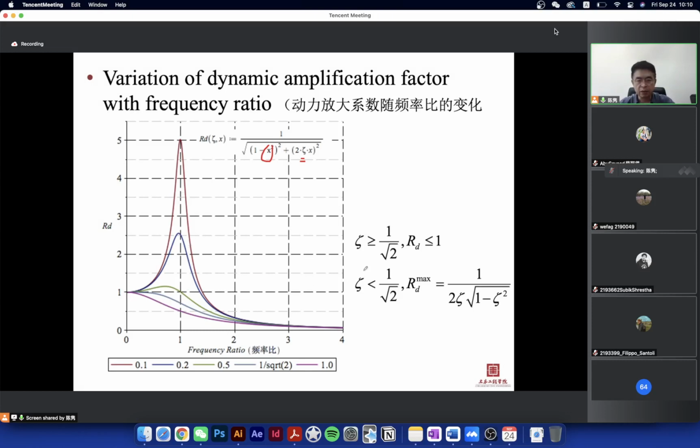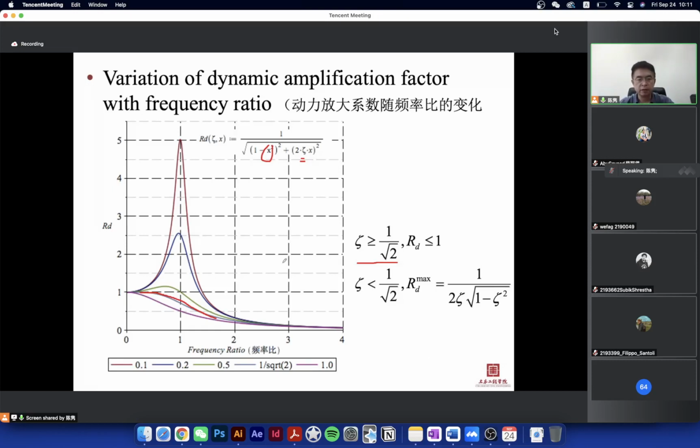And if the damping is larger than a special value, for instance, larger than this, we can prove this, when the damping ratio is larger than this value, RD is always smaller than 1. Which means if the damping ratio of the system is larger, then the dynamic deformation is always less than the static deformation. So this is another observation.